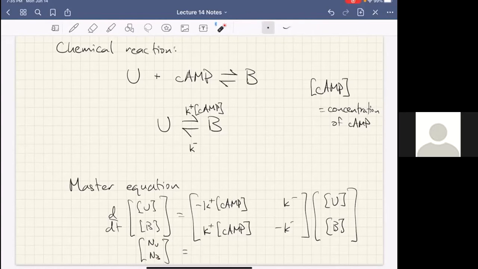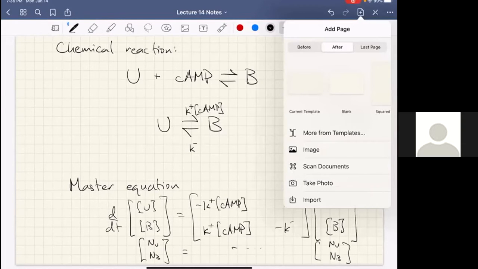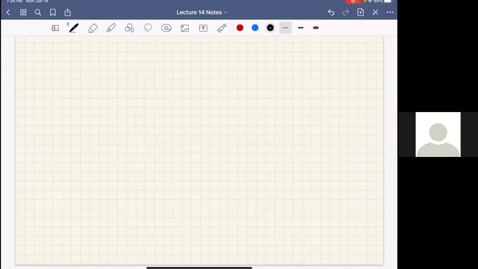So again, I could have the rest of it over here, and that's still the number of U and B over here. I can take that a step further, and I can actually take out another constant of proportionality.